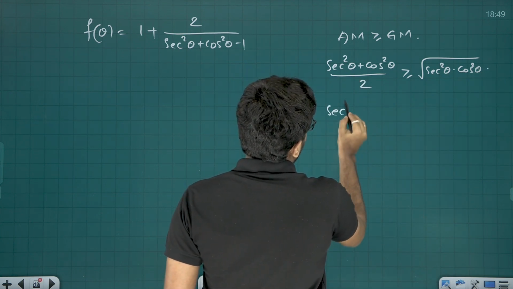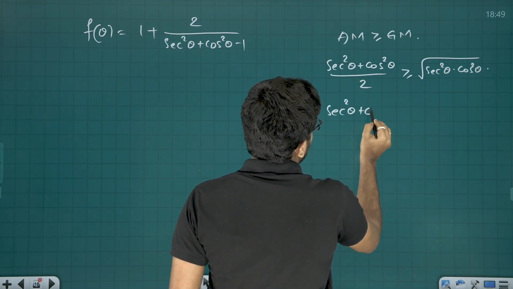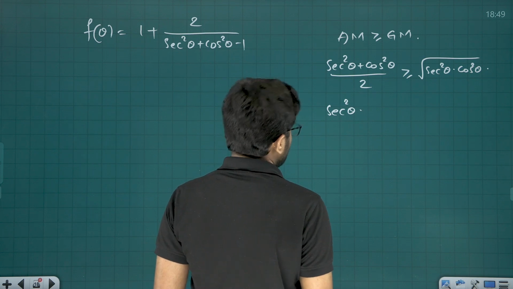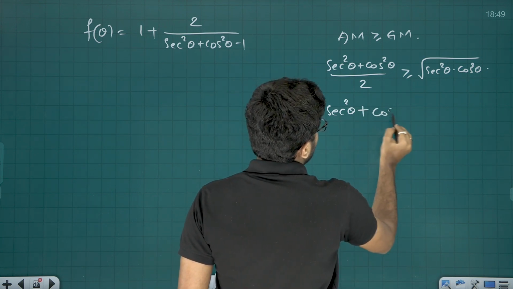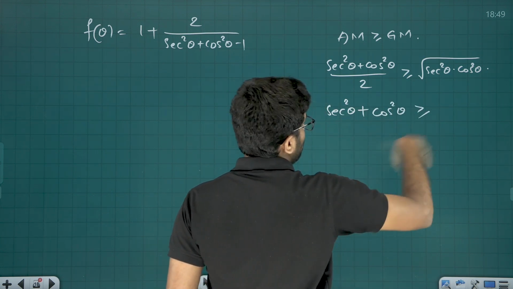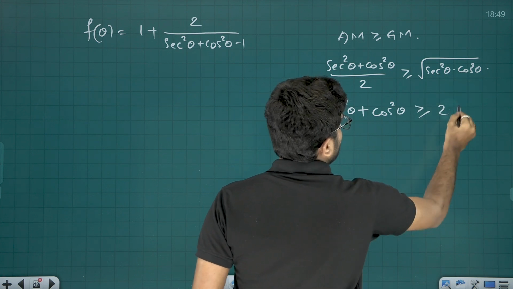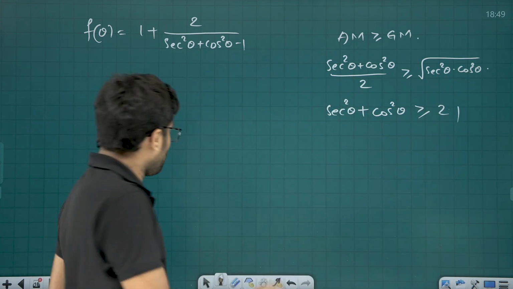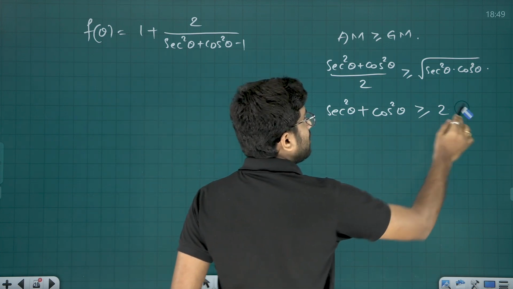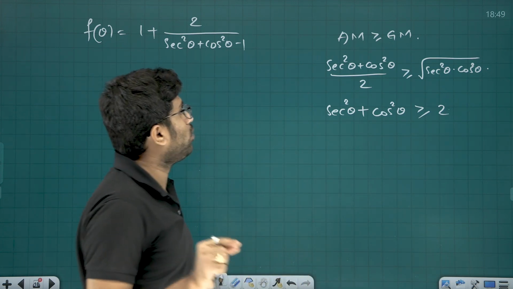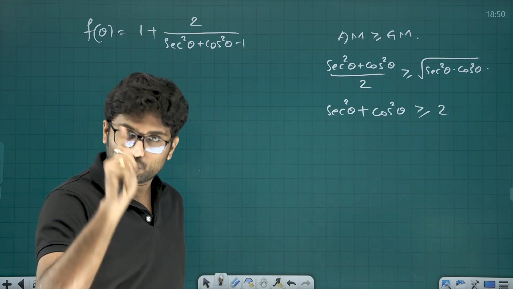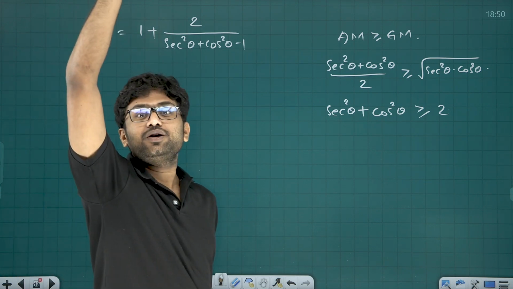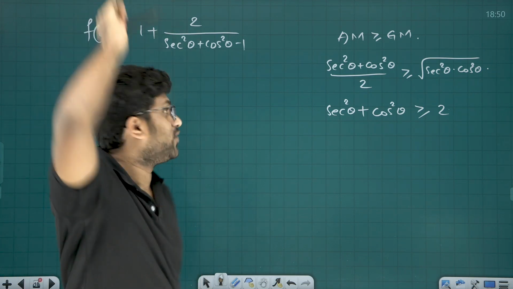So secant square theta plus cos square theta is always greater than or equal to 2 into this value, which is 1. So secant square theta plus cos square theta is always greater than or equal to 2. That means the minimum value of secant square plus cos square is 2. Maximum is infinity.